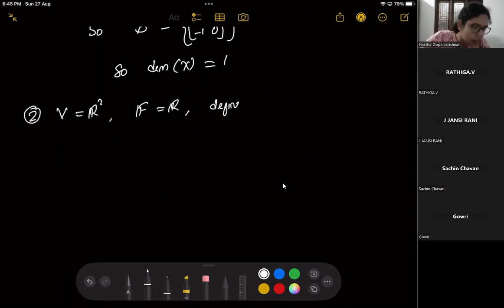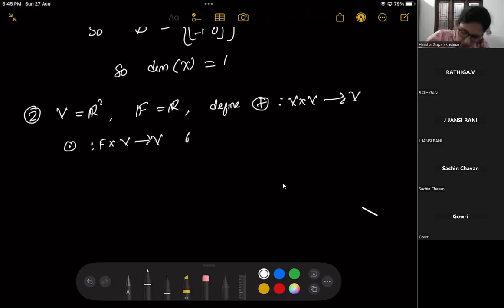Here the addition is defined from V cross V to V, and the scalar multiplication from F cross V to V is defined as follows.